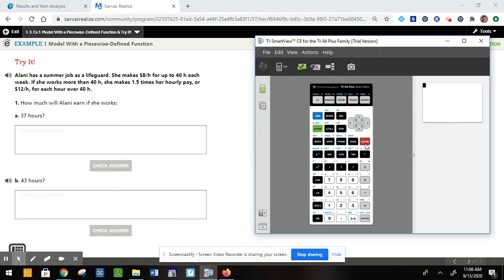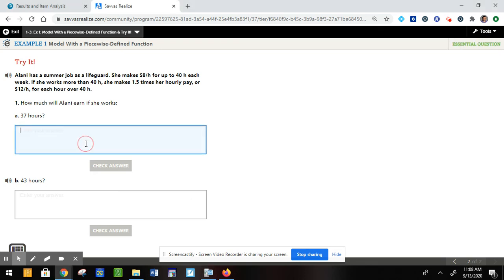She worked 37 hours, which means she just gets paid $8 an hour for those 37 hours. So it's just 37 times 8. It's 296. So she's going to get $296 for working 37 hours.